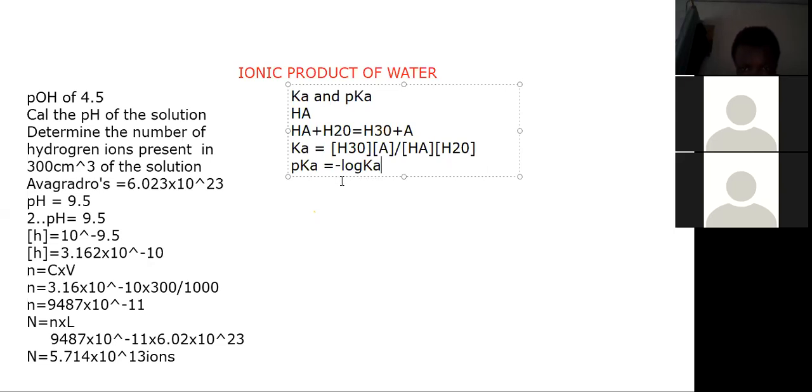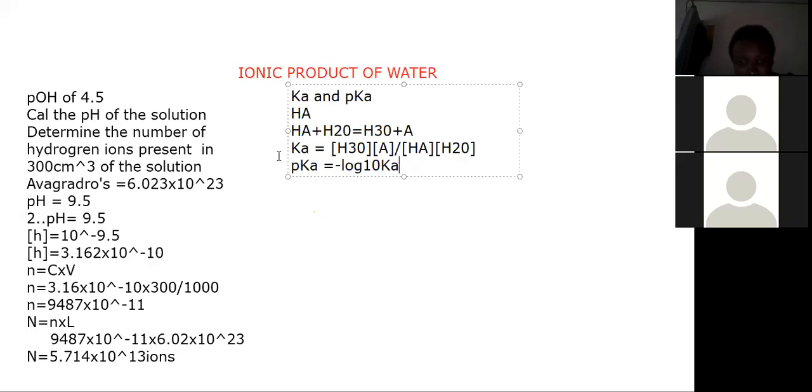Now, let's not forget that the log is to base 10. An acid with a higher value of Ka is a stronger acid. So any acid that has a higher value of dissociation means that the acid is a strong acid, and as a result, we'll have a smaller pKa, because bear with me, when we're talking about the pH scale, the smaller values constitute a strong acid, and the larger values constitute a weak acid.